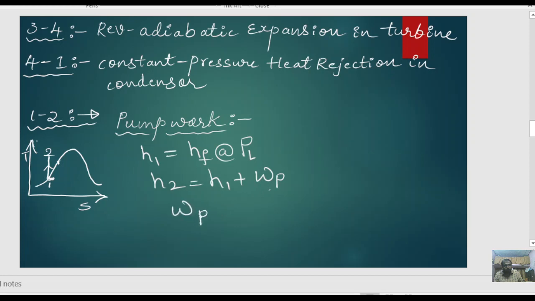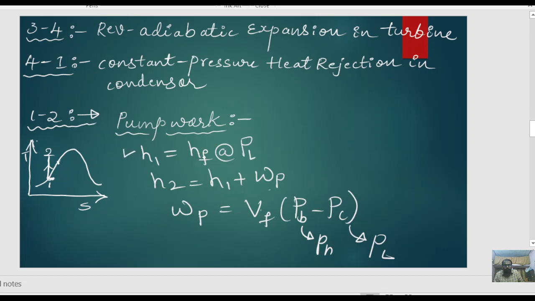The formula for pump work is VF times boiler pressure minus condenser pressure. PB means higher pressure or boiler pressure, and P condenser means lower pressure. This is the formula for H1.